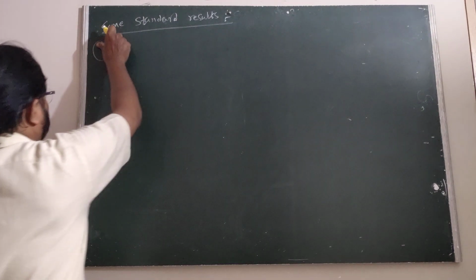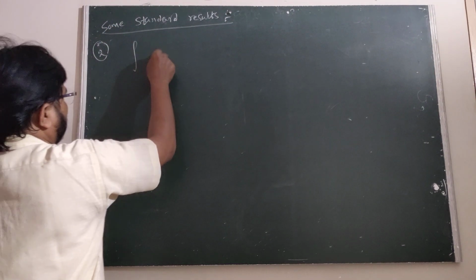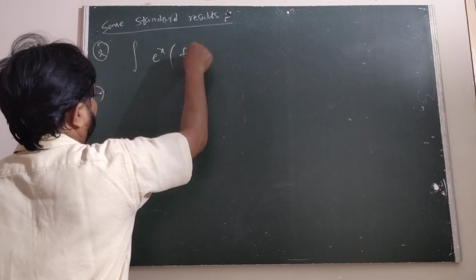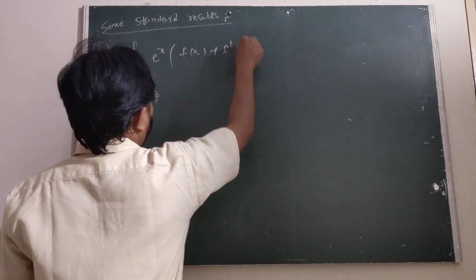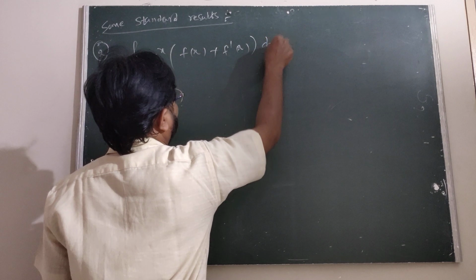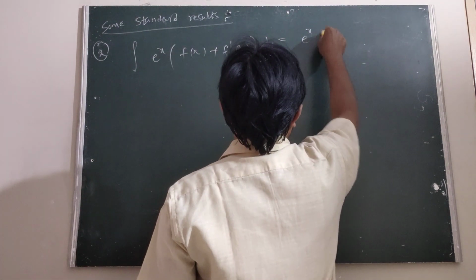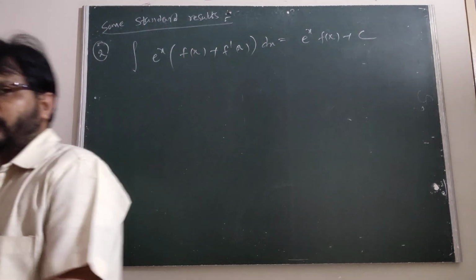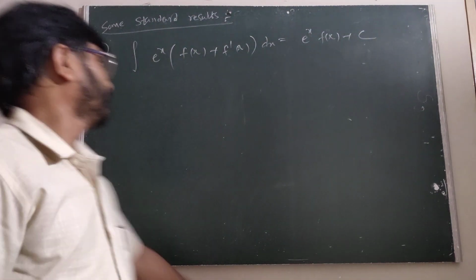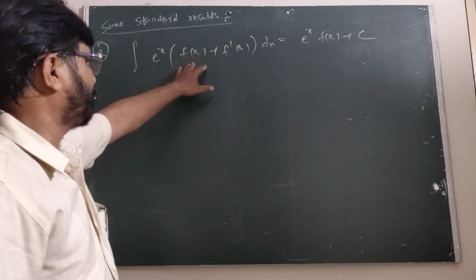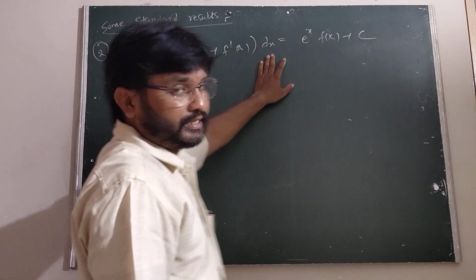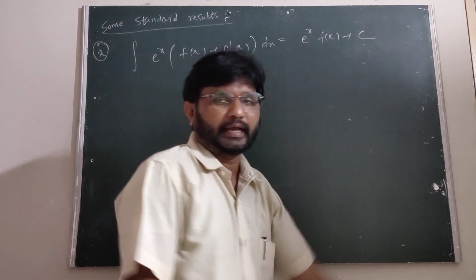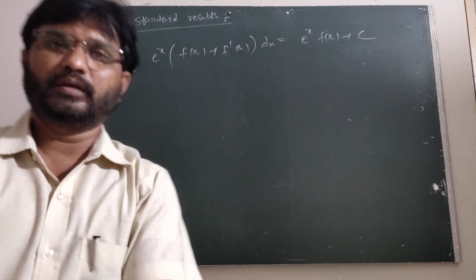Now the second result. The integral of e power x into f of x plus f dash of x into dx is equal to e power x into f of x plus c.